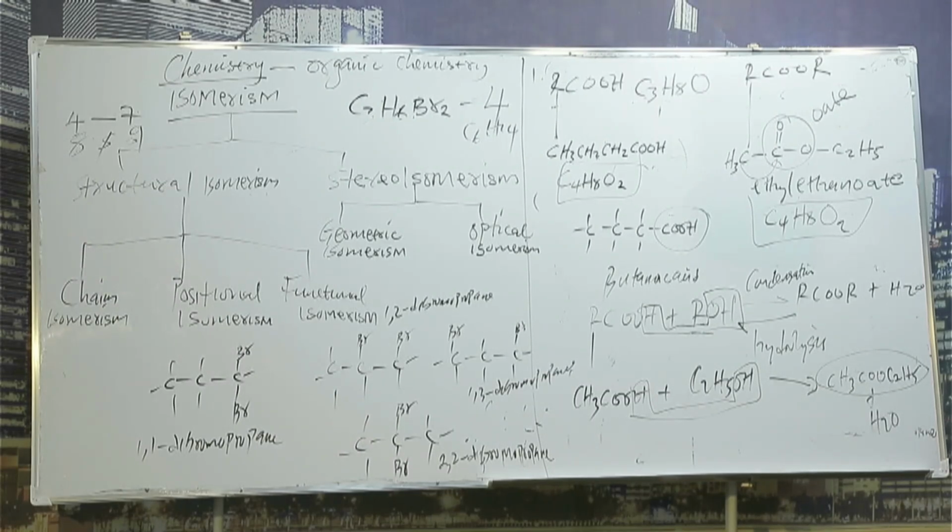Please take it down and give me the answer. The isomers of C3H8O are dash.